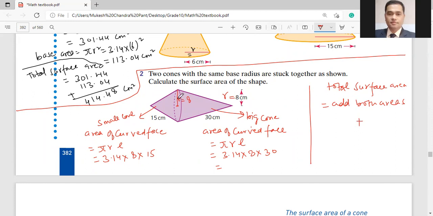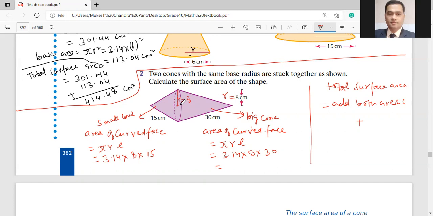Here two cones have been stuck together. Since two cones are stuck, we will not count the circular area because the circular area is inside, hidden, and not visible. Surface area means the portion which is visible, which you can touch, the outside.